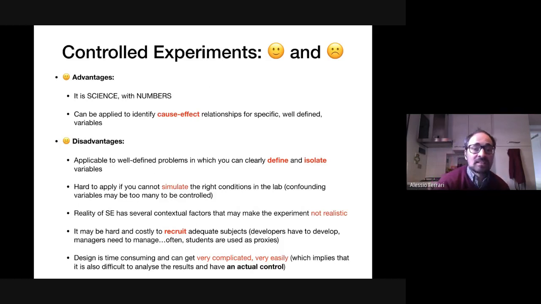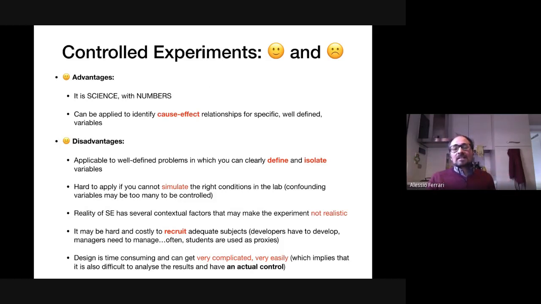Another issue is that if you do an experiment with human subjects, it is hard to recruit the subjects. Of course, as I said, developers have to develop and managers need to manage. So people have to work. And recruiting people, for example, with expertise higher than five years is complicated.